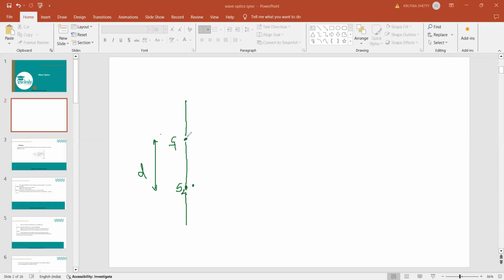From the source we are getting the interference pattern on the screen. Consider that here we have the screen.